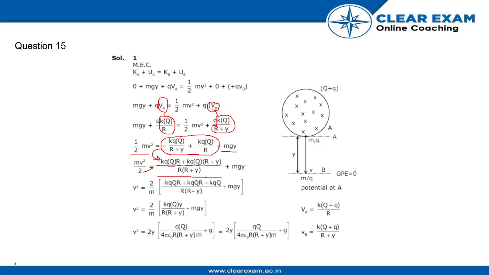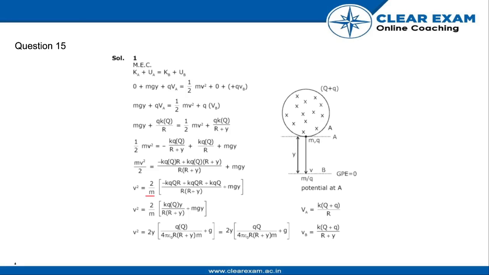We'll shift 2 by m to the right hand side and expand these brackets. We get v square is equal to 2 by m into minus kqQ r plus kqQ r plus kqQ y upon r into r plus y plus mgy.